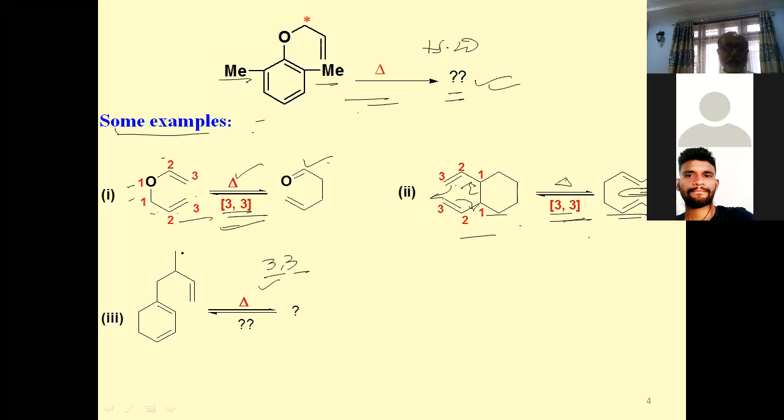Now you see, let me just start. Somebody says 3,3, one answer I got is 2,3, and that's all. Any other? 3,2 and 2,3 will be the same, whether you write it this way or that way.